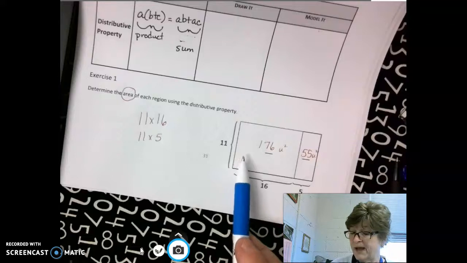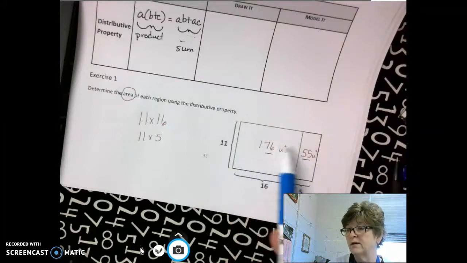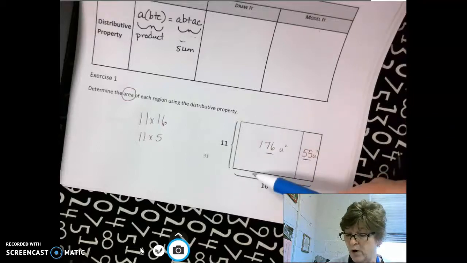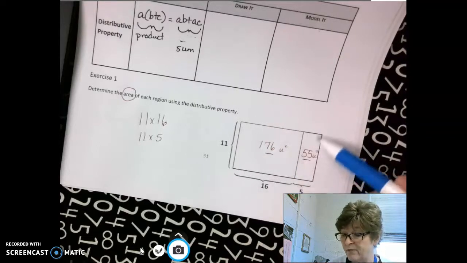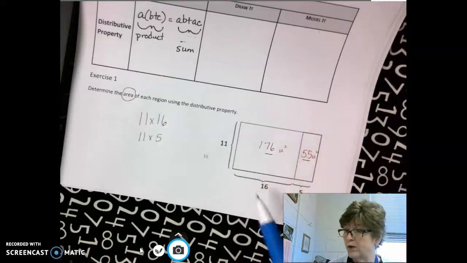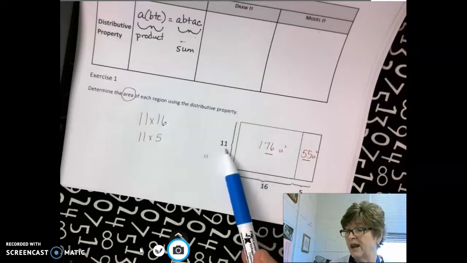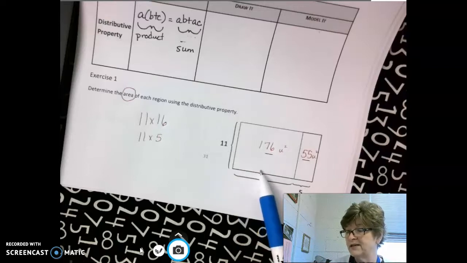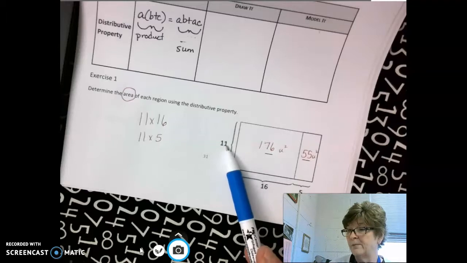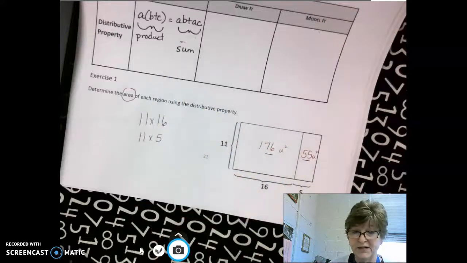Can you imagine if we had to actually draw 11 rows by 16 and 5? That's a lot of drawing. So this way we can show the distributive property of 11 groups of 16 plus 11 groups of 5. Going back to that multiplication piece.